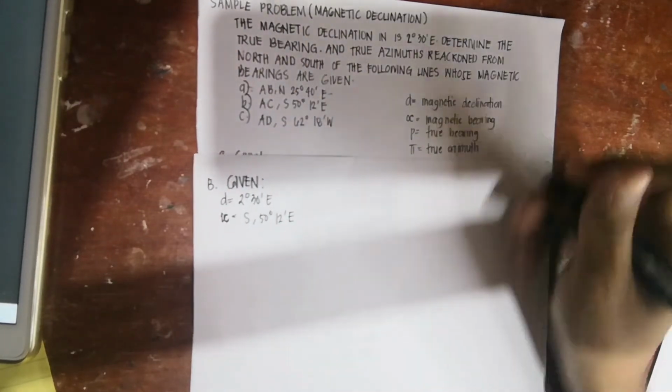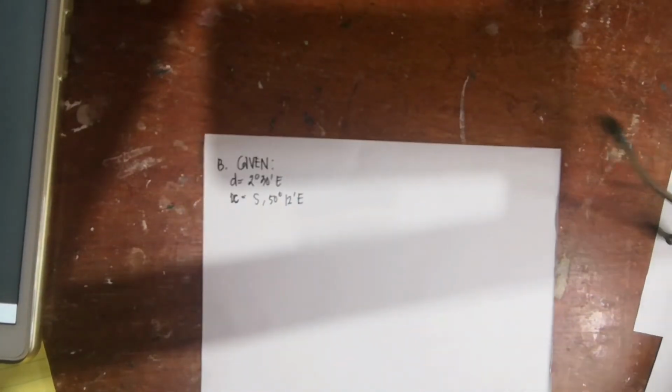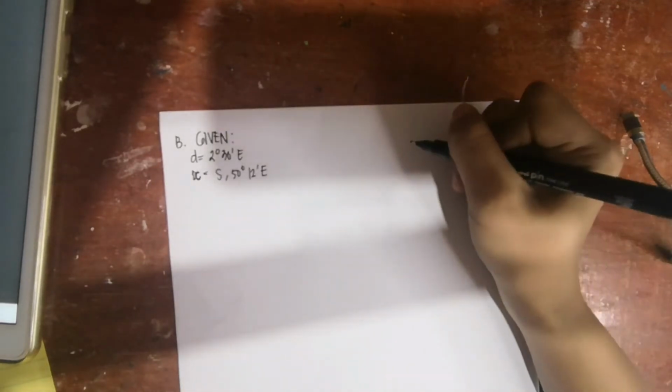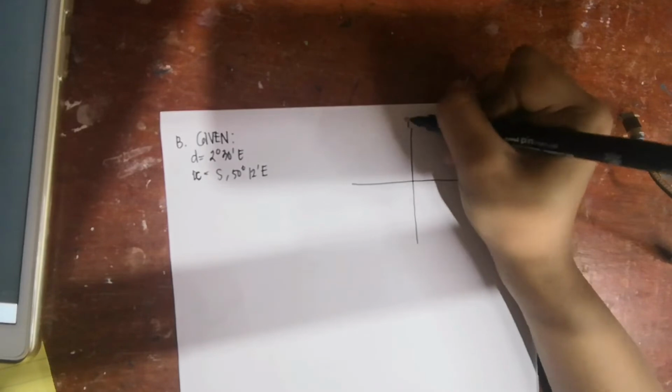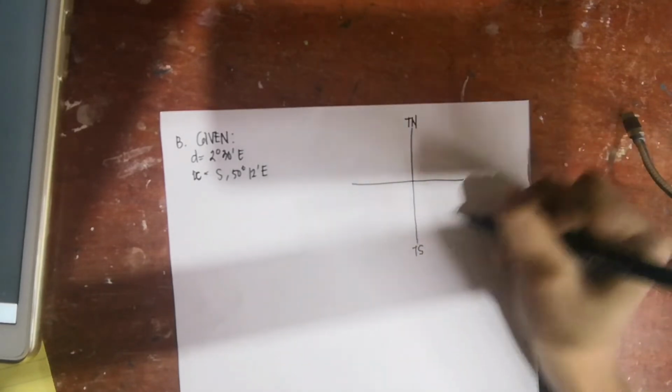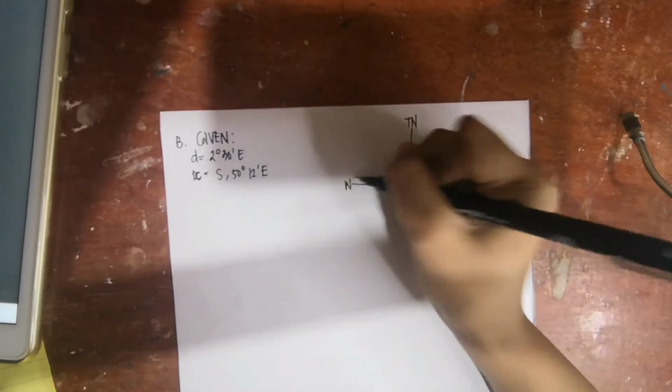Now, let's plot. I'll erase this to avoid confusion. Let's graph the true north, true south, east, west.